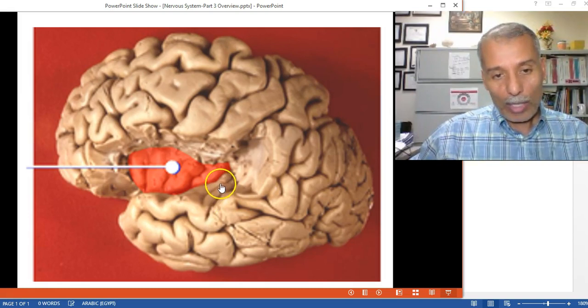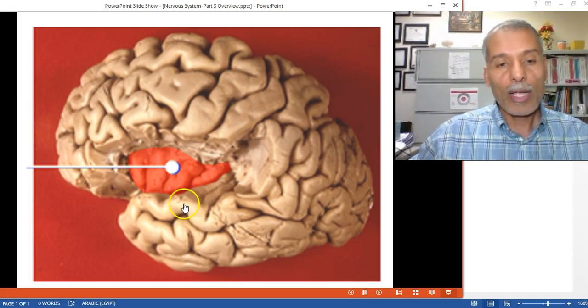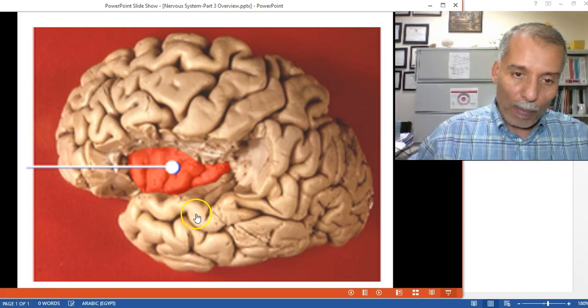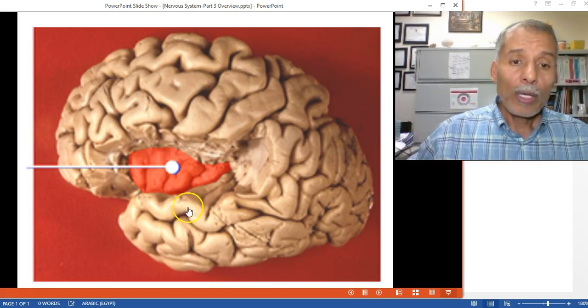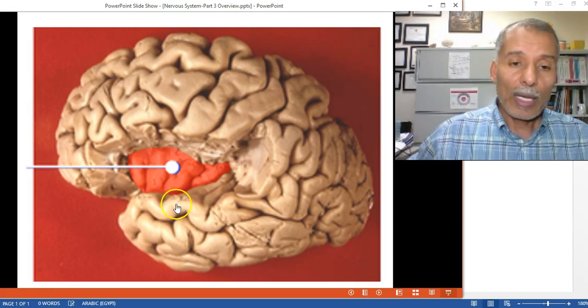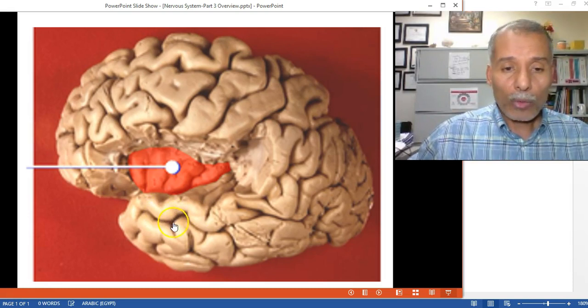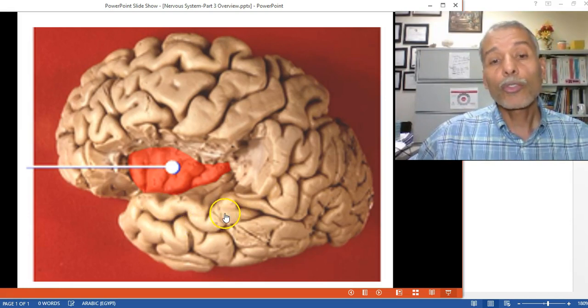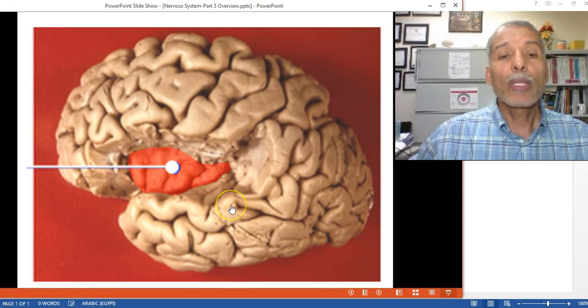So again, these two gyri are Heschl's gyri. The very top of them on the surface, these make up the primary auditory cortex. This is area 41 and then area 42, and the areas around this area here, they make like a belt. They are critical for auditory processing, for assembling words with meaning, and then this information is sent to Broca's area.